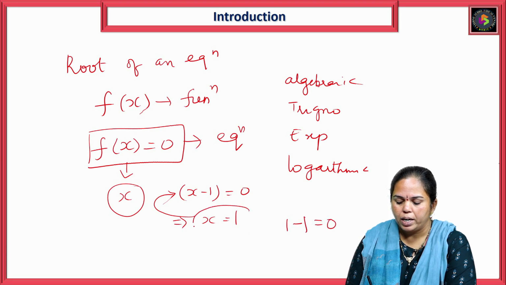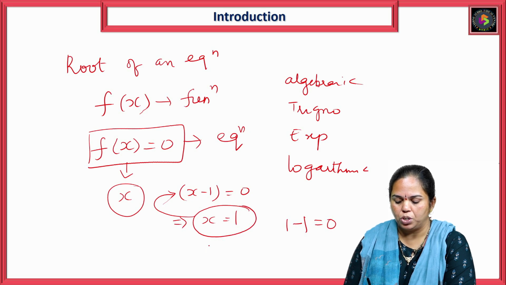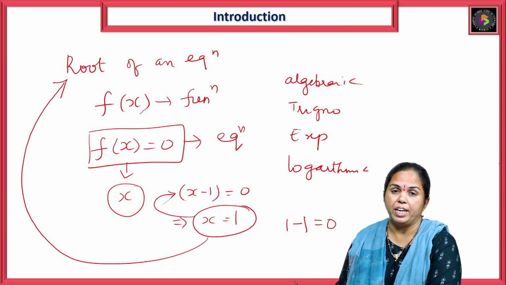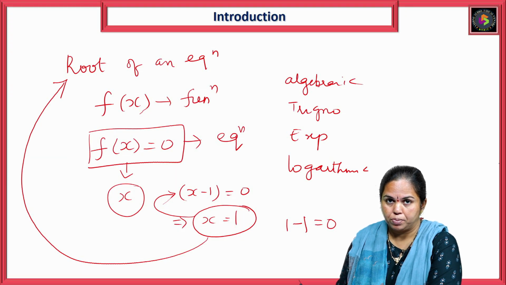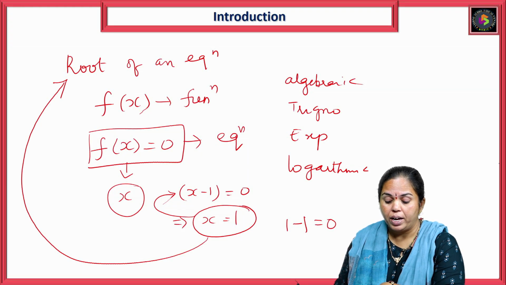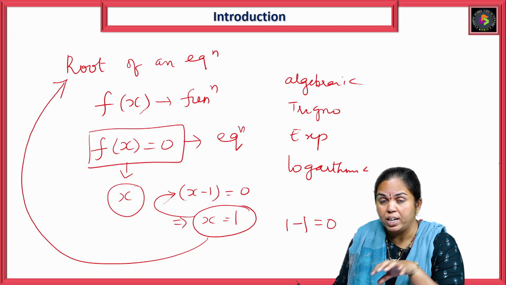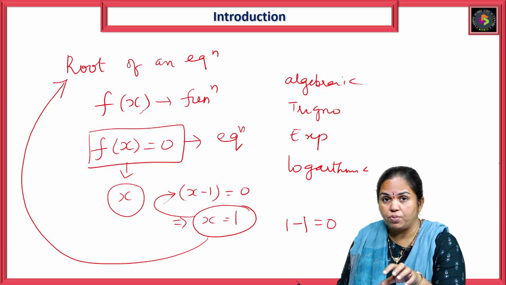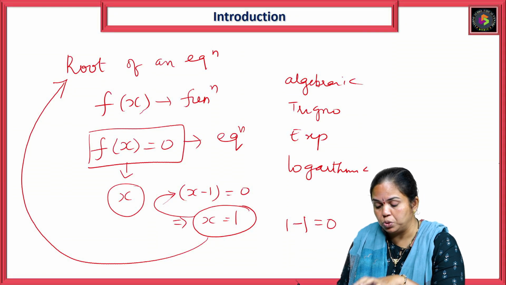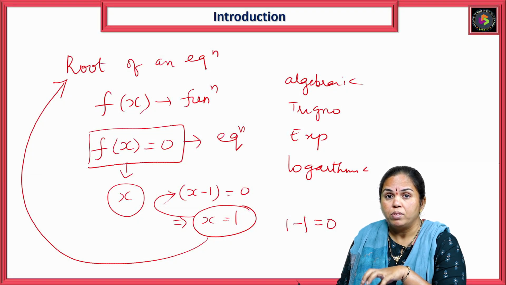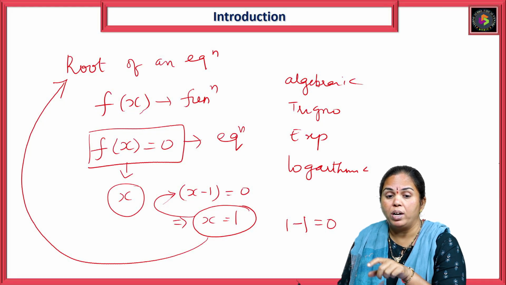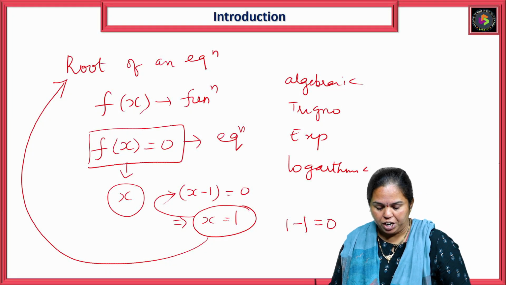Then this x is called the root of the equation. If I substitute the value x is equal to 1 in the given function, and that function satisfies, with the value equal to 0, then that value of x is called the root of an equation.